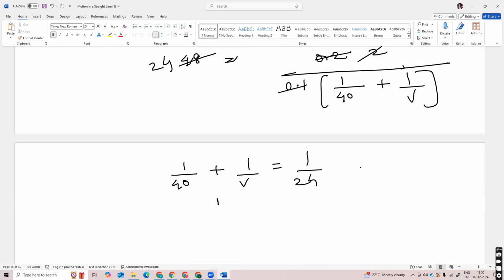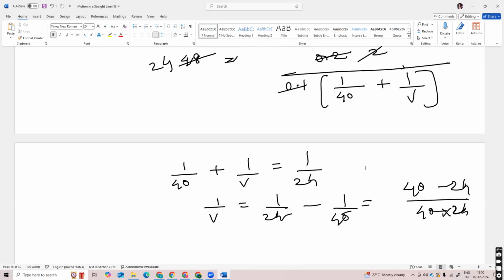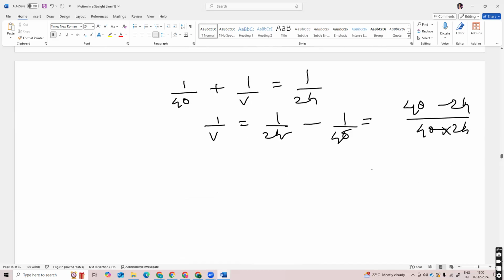So from that you can get 1 upon V is equal to 1 upon 24 minus 1 upon 40. That is equal to (40 minus 24) divided by 40 into 24. So 1 upon V is equal to 16 divided by 40 into 24.